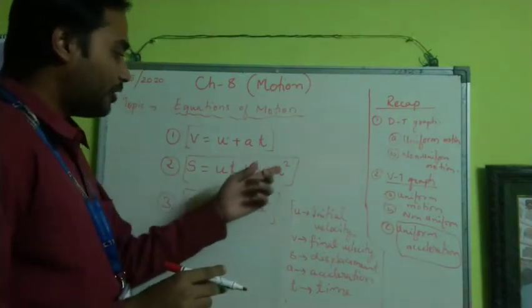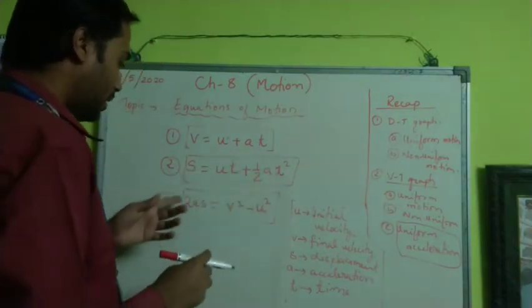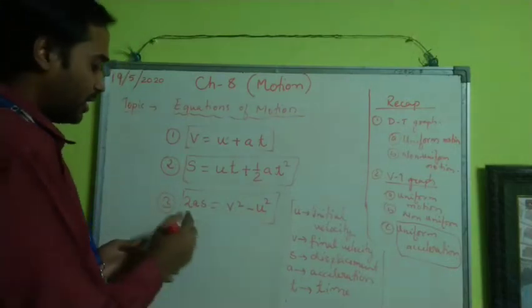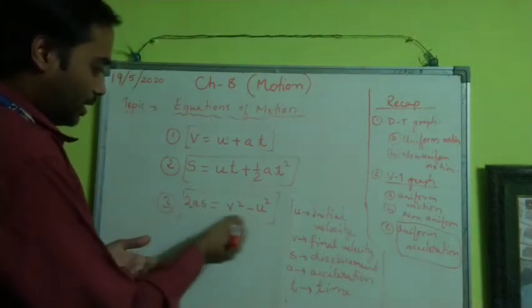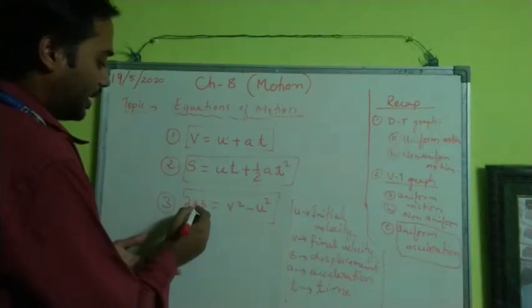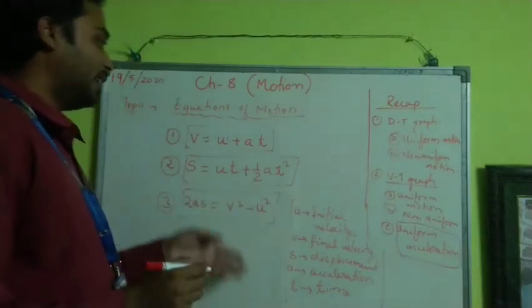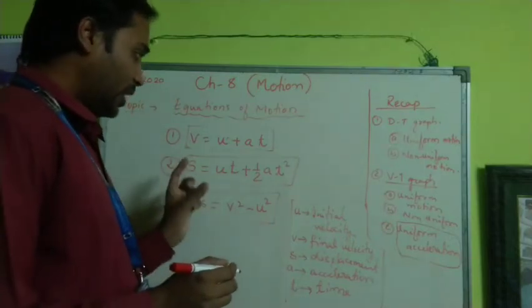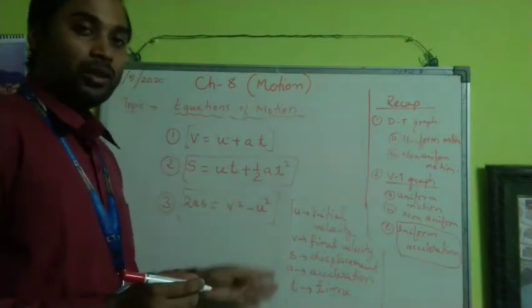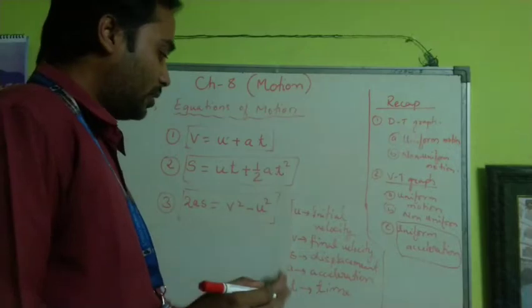So again we have four physical quantities here. And in the third equation also there are four quantities: acceleration, displacement, final velocity, initial velocity. So in any of these equations we are using only four out of these five physical parameters.